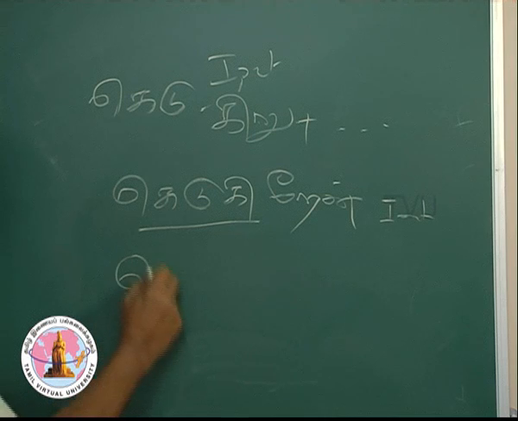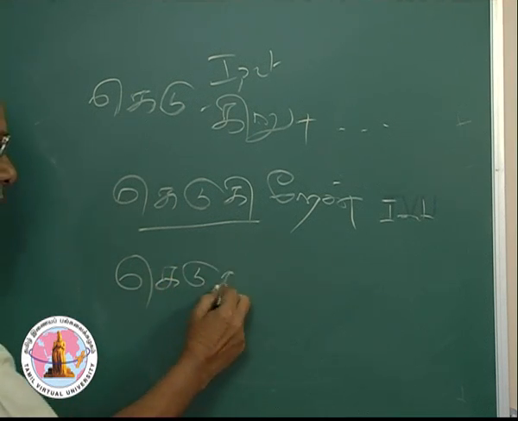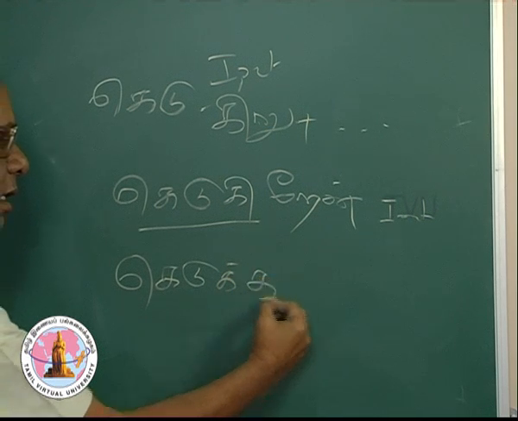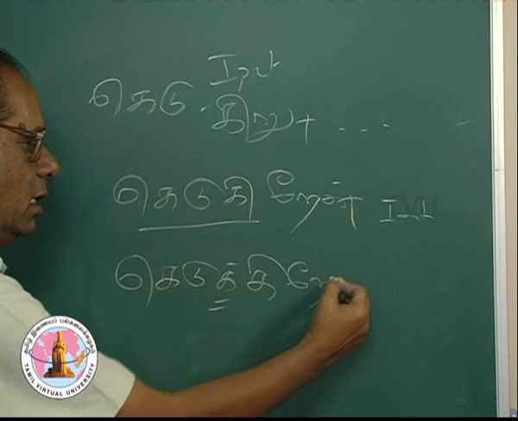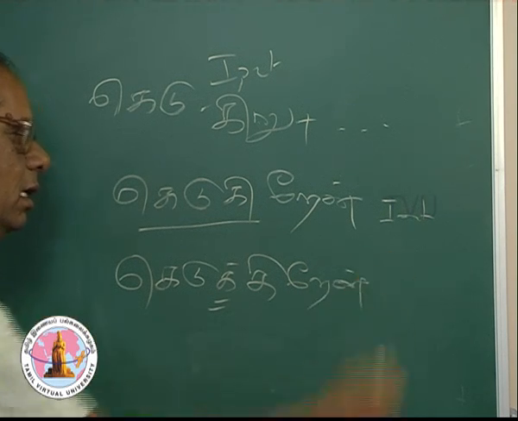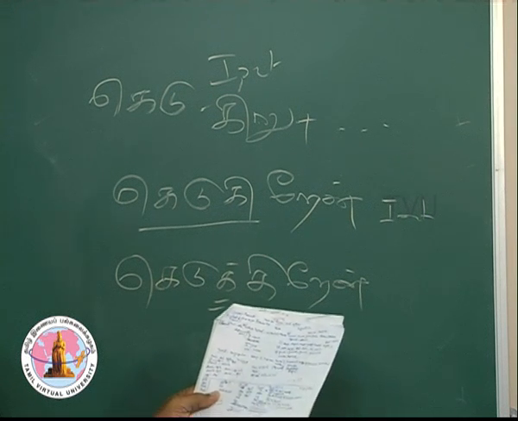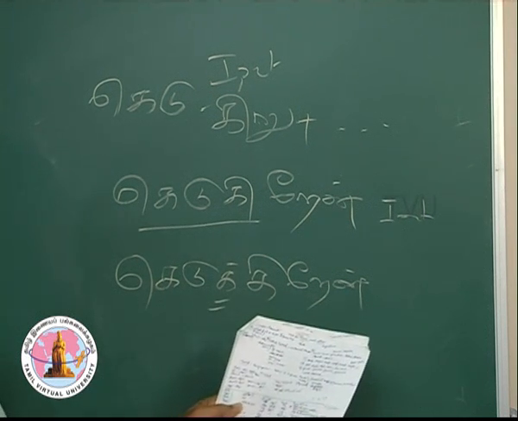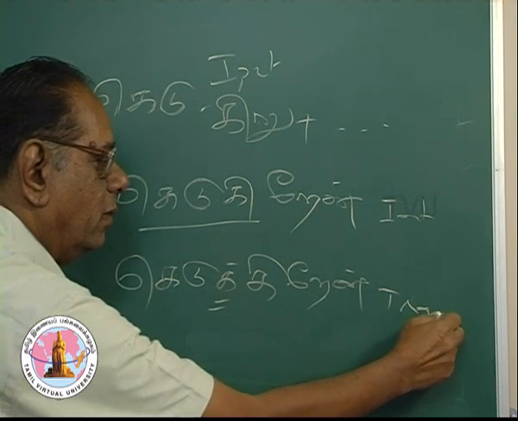And when it takes up another letter, that is ik, it becomes kedukireen. Kedukireen. This is the transitive form.